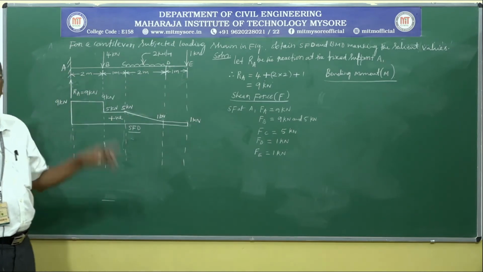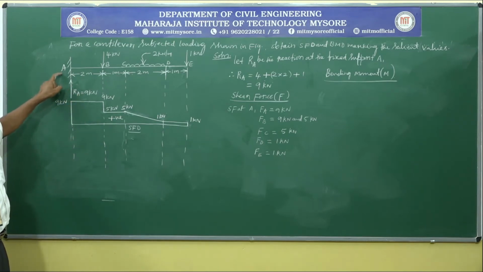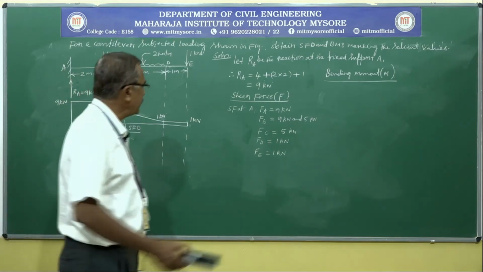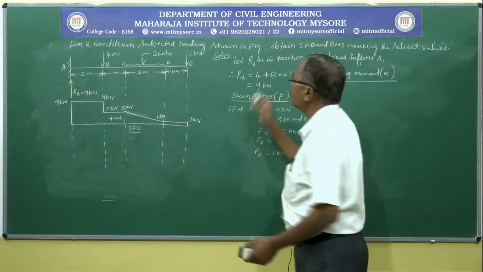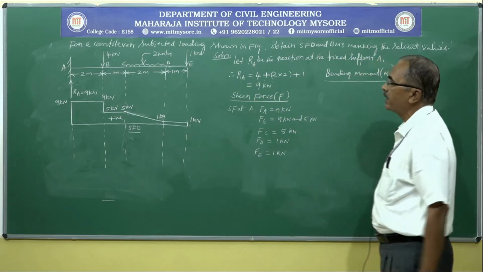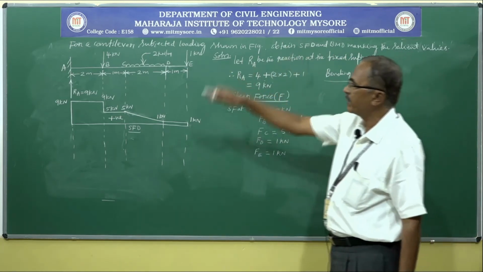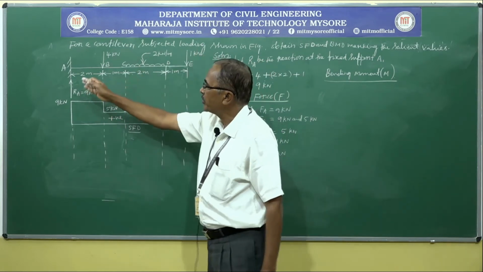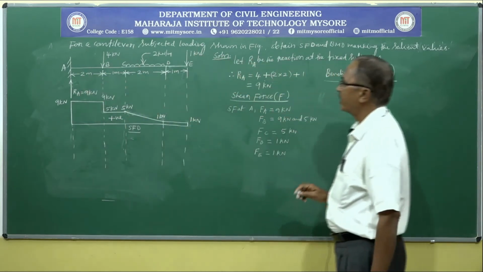That is just to avoid the unnecessary complication because of the reactions and fixed end moment at the fixed end. So when we take origin as the free end, proceed from the free right hand side if the fixed end is left hand side. Suppose if the fixed end is to the right hand side, proceed from the left hand side, vice versa.